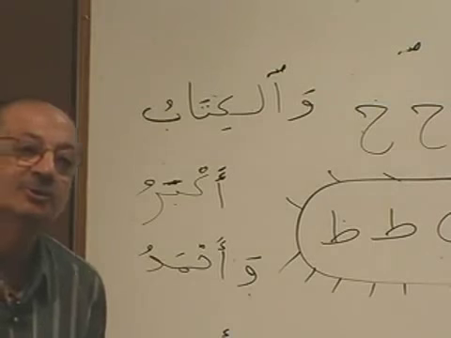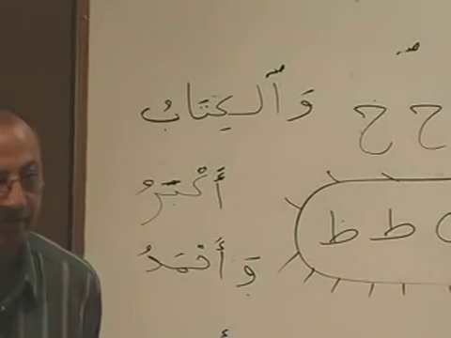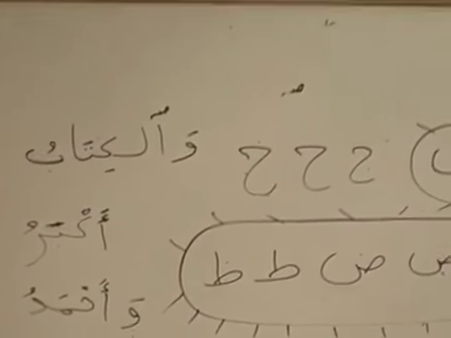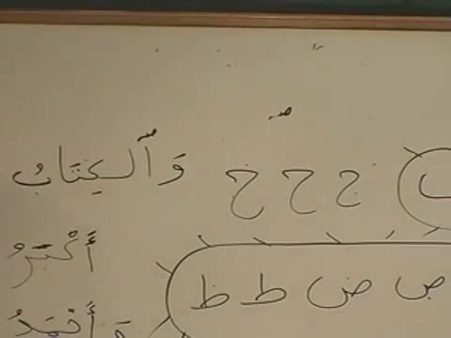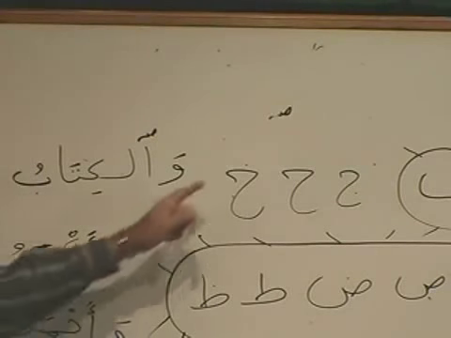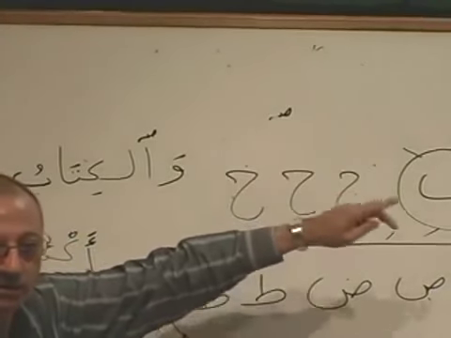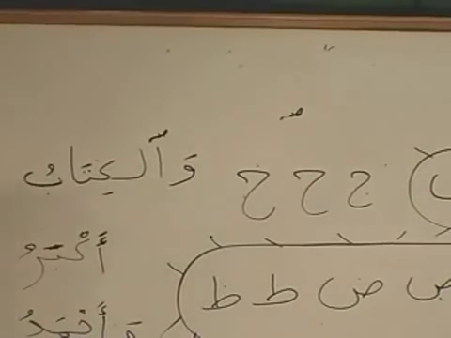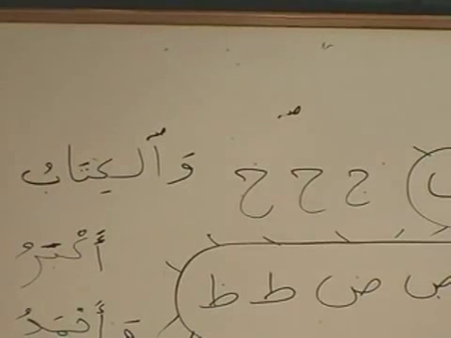This is for those who have difficulty in identifying. But once you get used to it, you know it. See, it's like the beginning of a sword. Little. Okay? So this is what Hamzatul Wasal and Hamzatul Qata is.